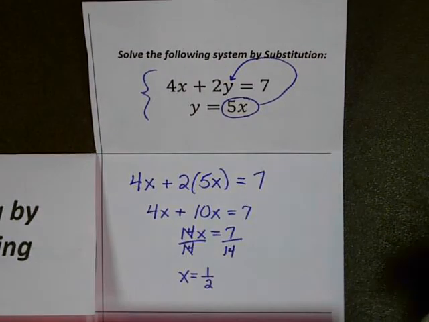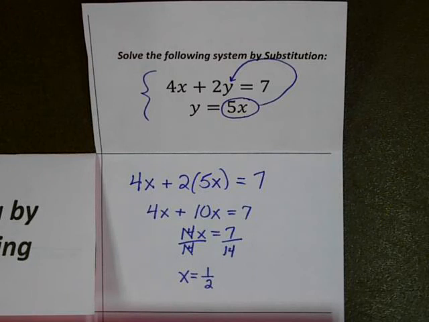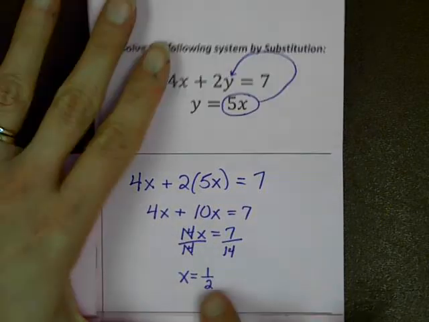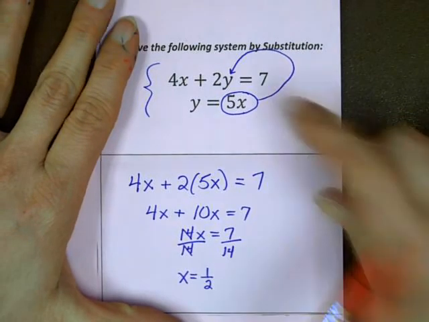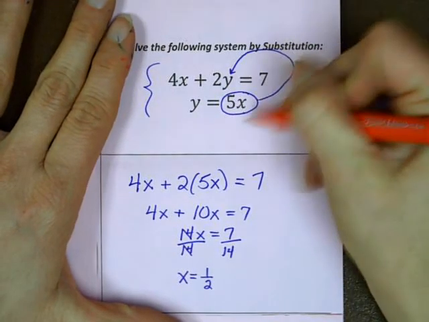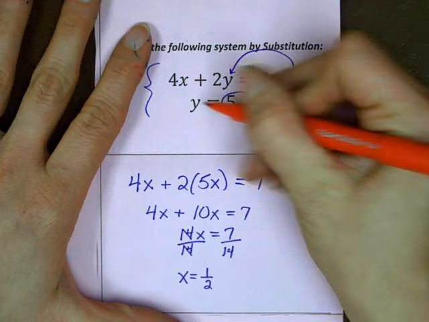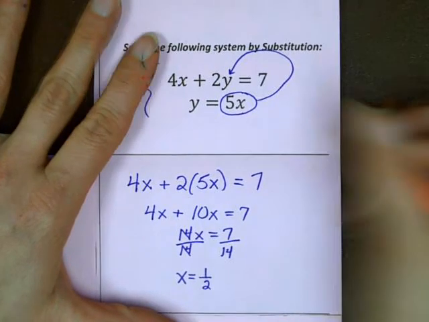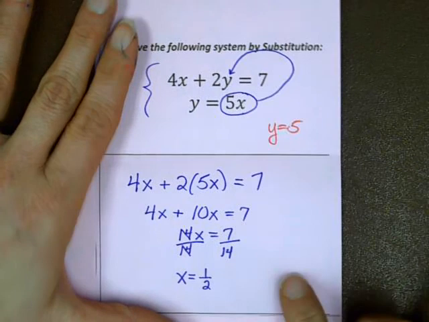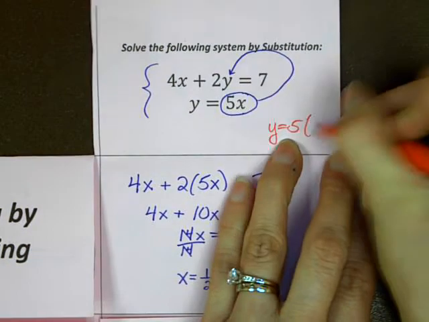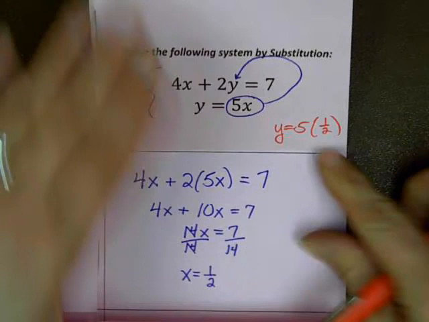To solve a system with substitution, you have to replace this x value into one of the x locations to find the y. Whatever you circled is the easiest place to do that. y equals 5 times whatever x number we got. We got 1/2. 5 times 1/2.